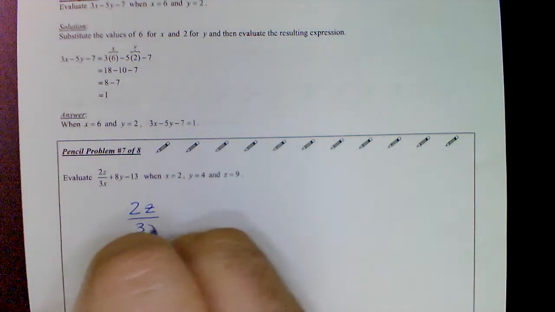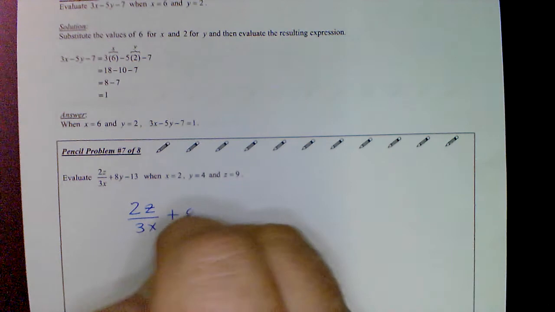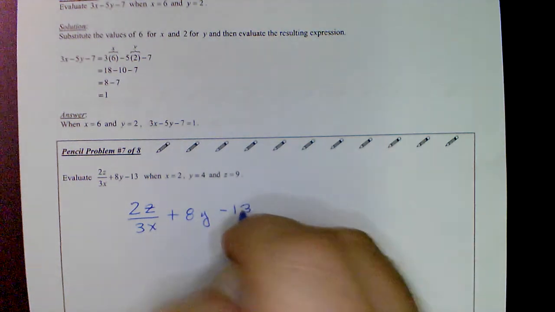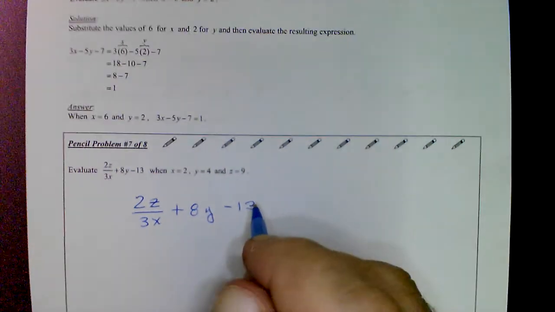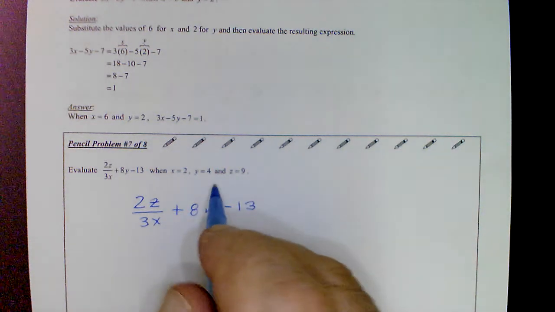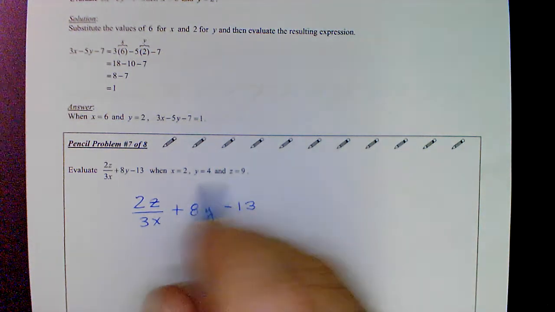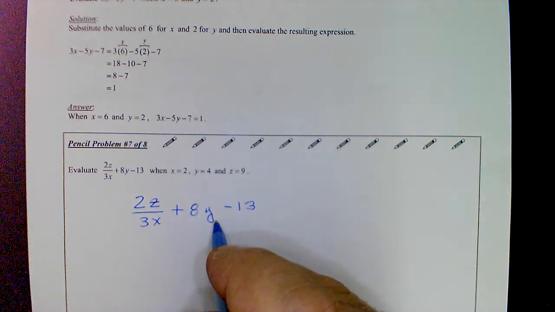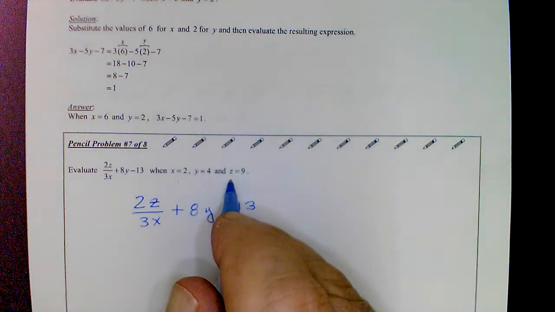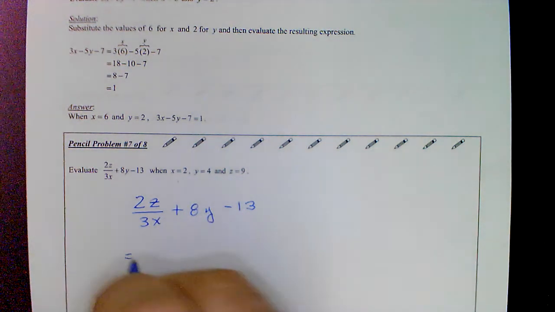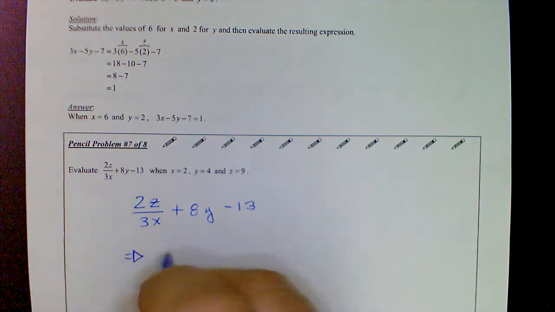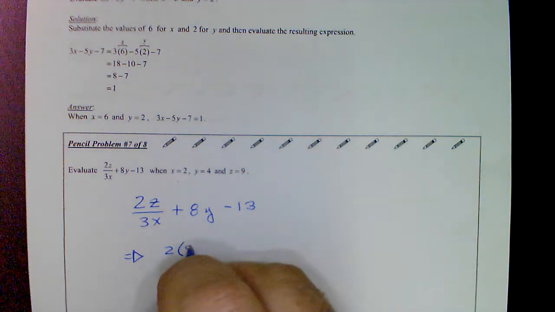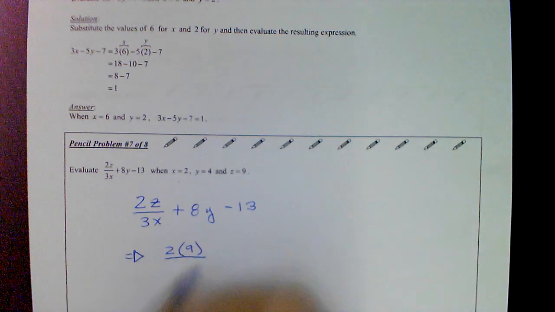I'm recopying it, over 3x plus 8y minus 13, and we're told the values of x, y, and z. So just substitute or replace those variables with the given values. So recopying and replacement. 2, always put parentheses around what you're substituting.